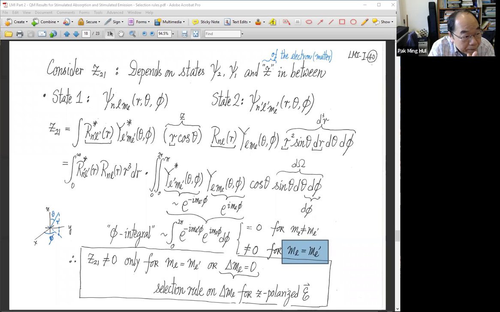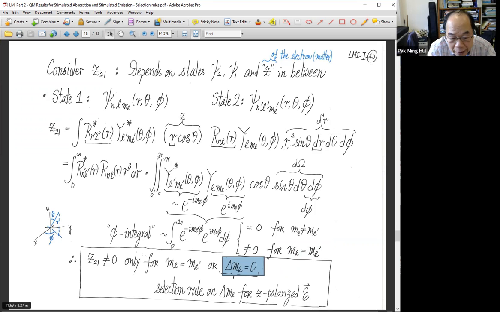Okay. No more memorizing things. It is quantum mechanics. You understand? Now, these selection rules come from linearly polarized light along Z. Therefore, you have this particular Z, you pick up cosine theta only. Okay? But don't be too happy when you hit this selection rule.